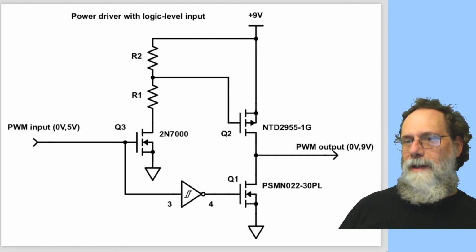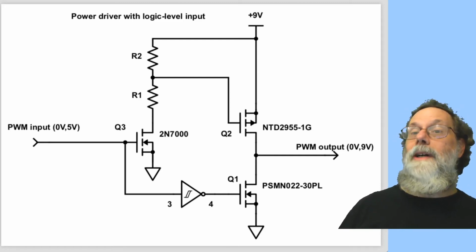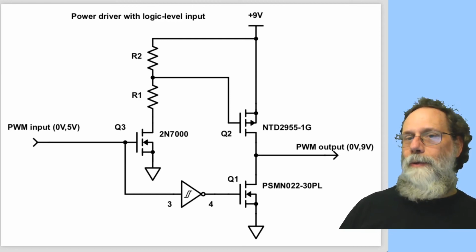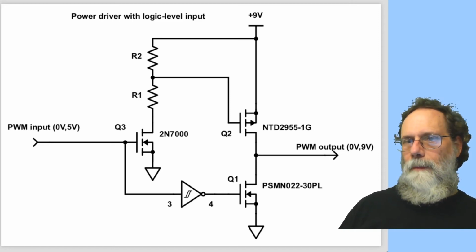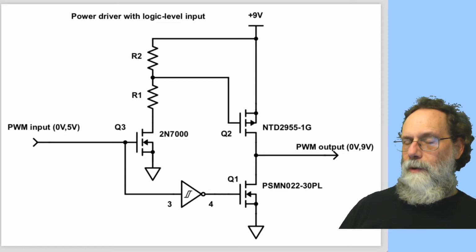An NMOS inverter has just an NFET and a resistive load as opposed to putting a PFET on the top. So Q3 and R1 plus R2 form an NFET inverter. And the reason we could theoretically eliminate R1 is switching Q2 all the way from 9 volts to 0 volts.